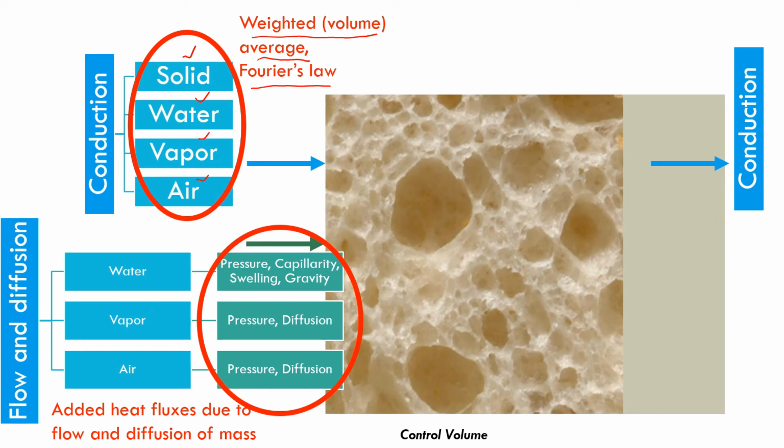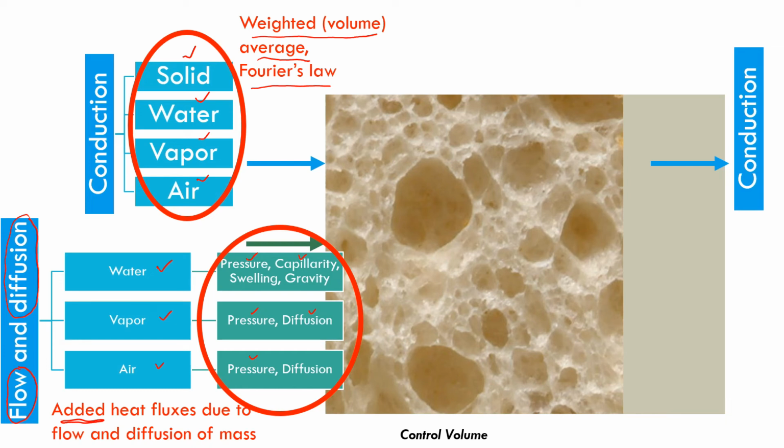So the convection term is due to the transport of water, vapor, and air in the matrix. And by transport, I mean both flow and diffusion-like movement for each one of the phases. Flow could be due to pressures, and diffusion-like movement could be capillarity or molecular diffusion, as the case may be. So these flow and diffusion related heat fluxes are all added together.